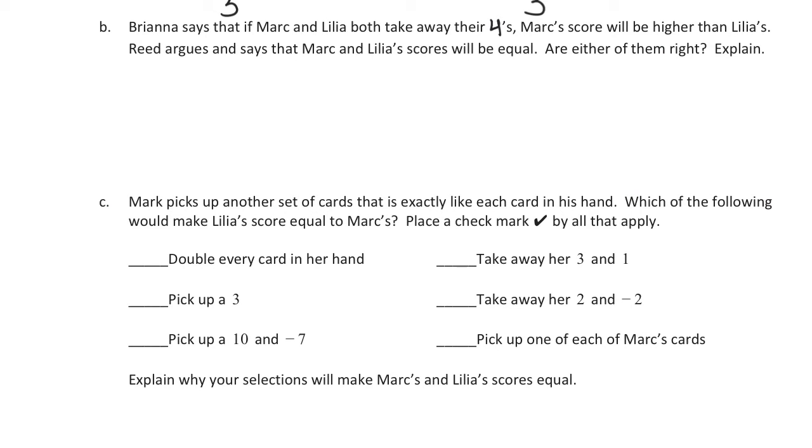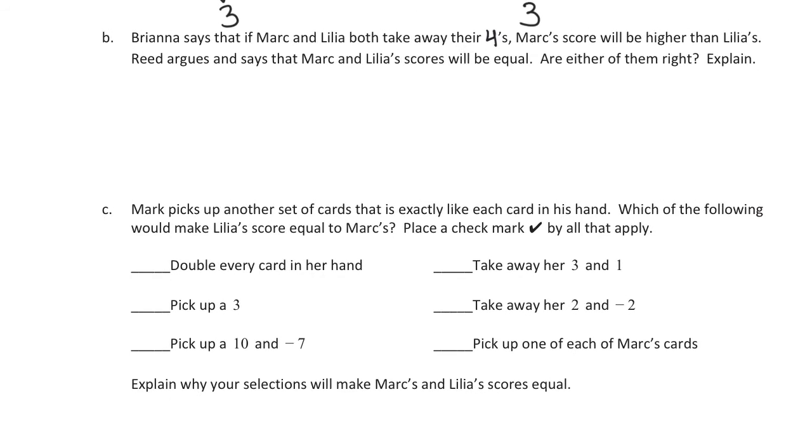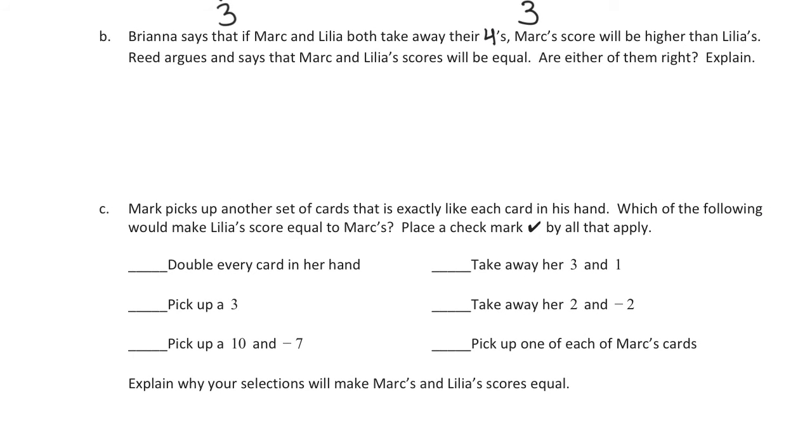Brianna says that if Mark and Lilia both take away their 4s, Mark's score will be higher than Lilia's. Reed argues and says that Mark and Lilia's scores will be equal. Are either of them right? Explain. Well, first of all, we know that both of them have the same score right now, which is 3.